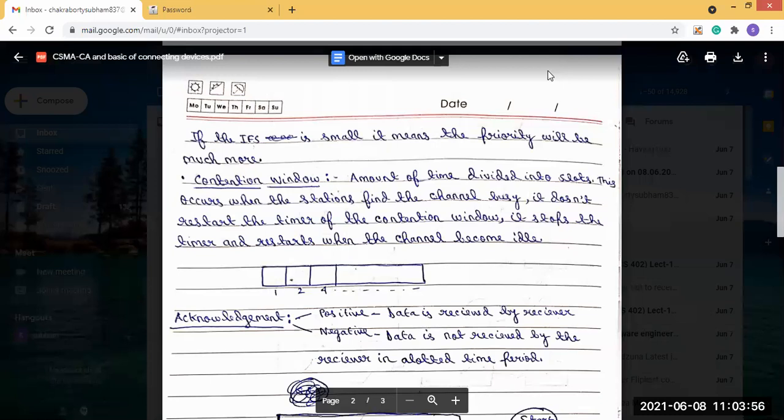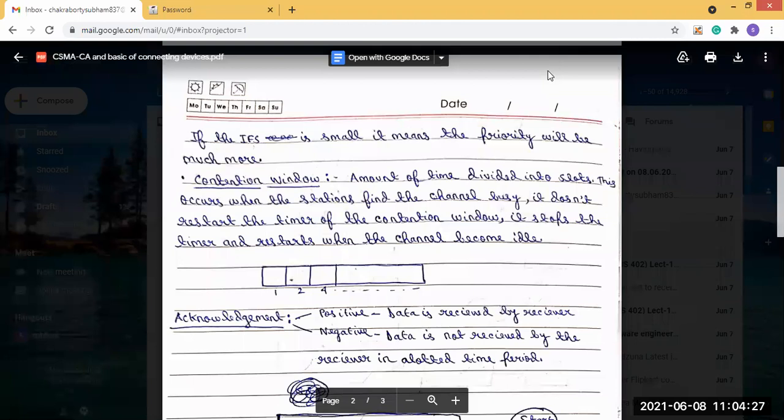But if the receiver sends a negative acknowledgement, that means the frame sent from the sender was not rightly received. The frame can be damaged or corrupted, and that's why the receiver sends the negative acknowledgement.